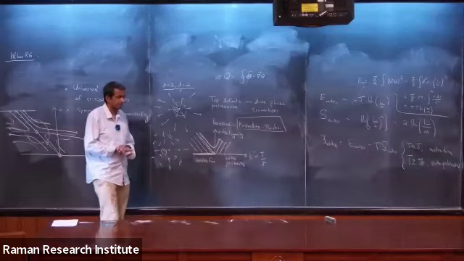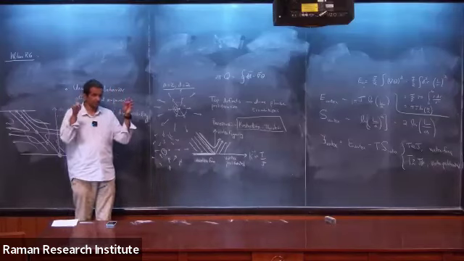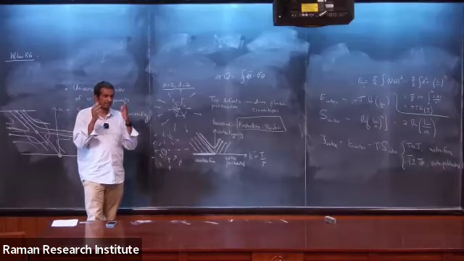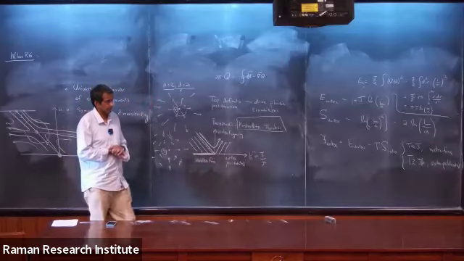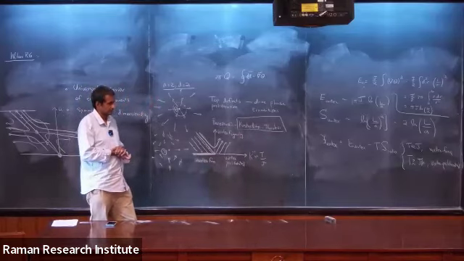Correct, correct. I know that the number of kinks minus the number of anti-kinks is going to be 1 or some odd number. Right.